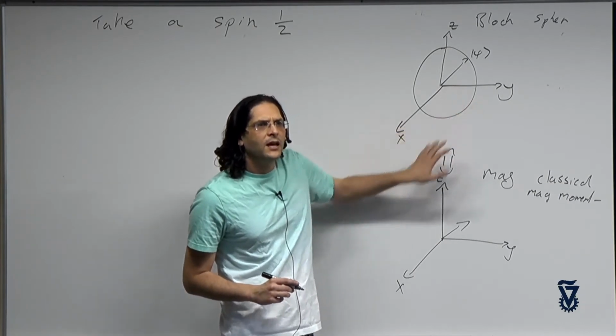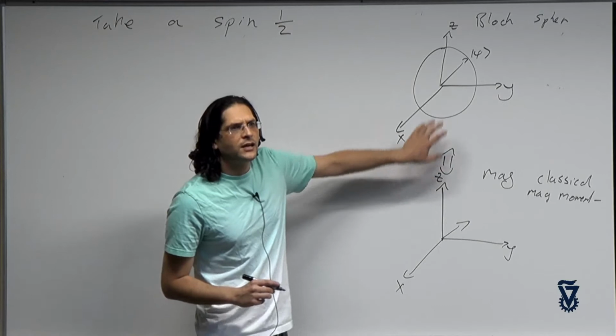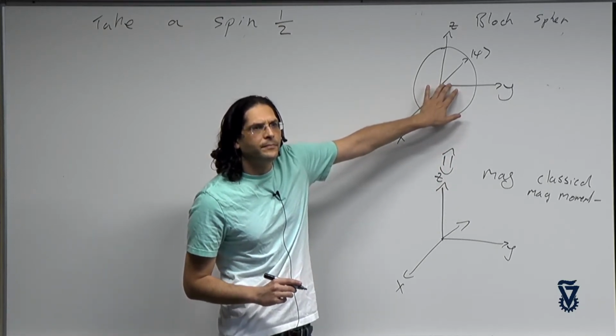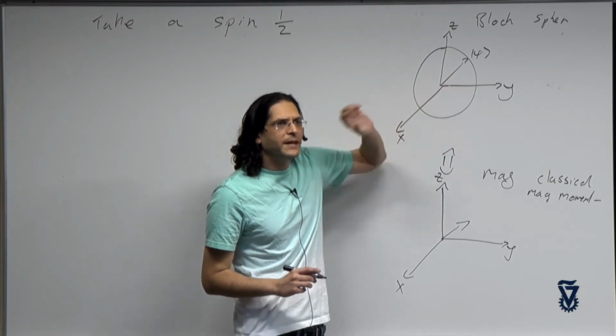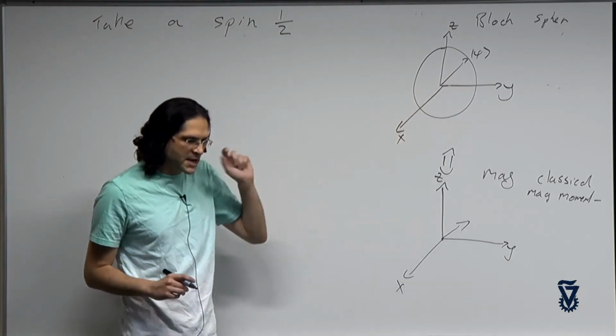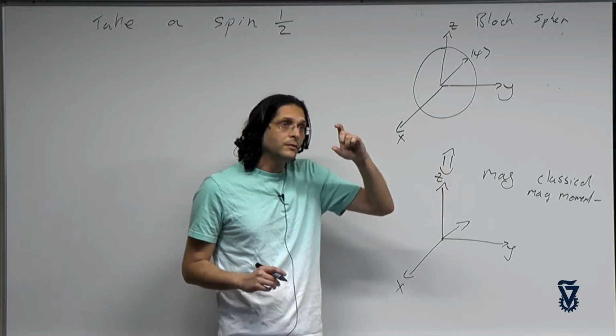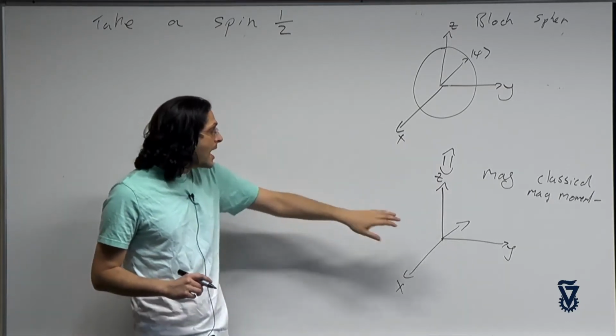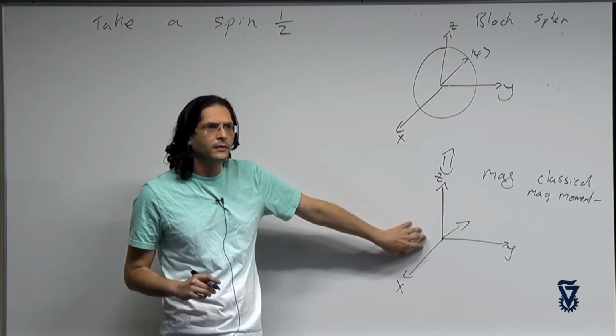Okay, basically, the magnetization is isomorphic to this two-level system. Okay? So a magnetic spin half will have the same dynamics as a classical magnetic moment.